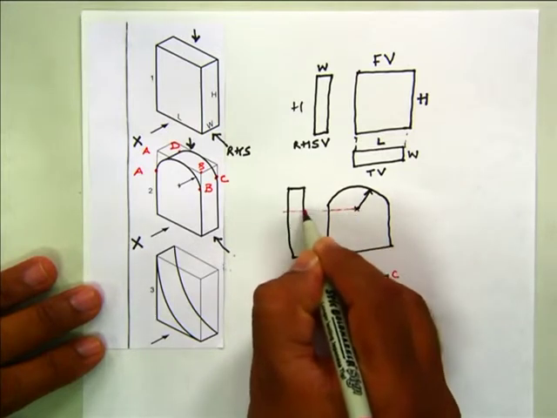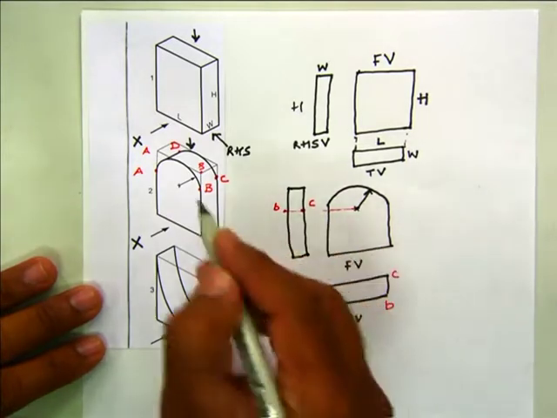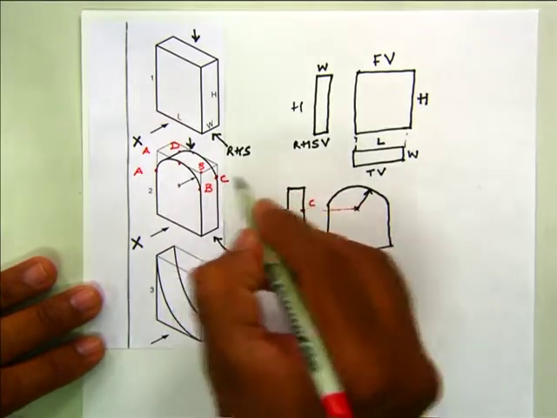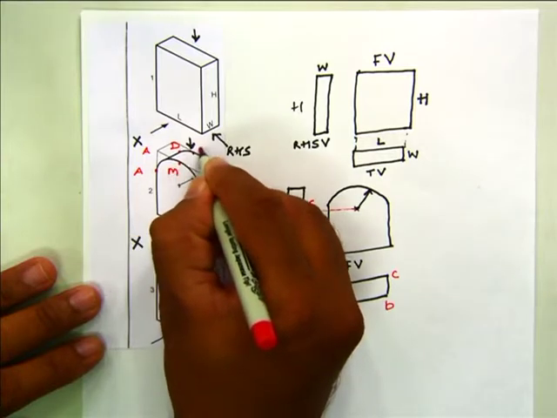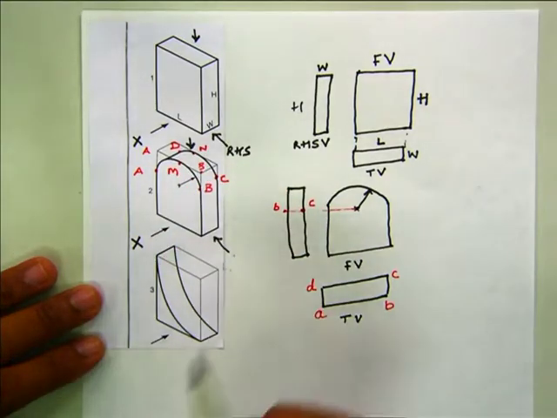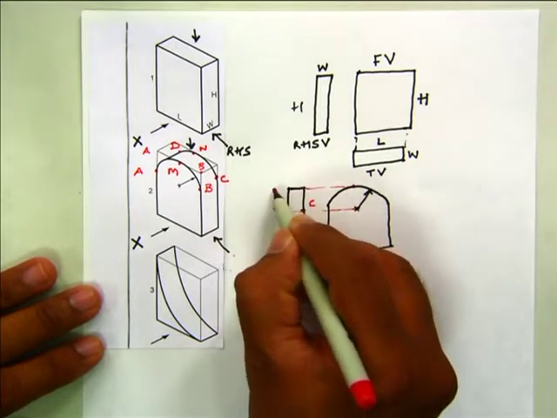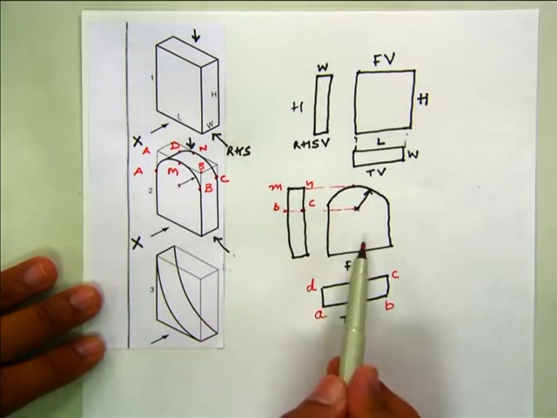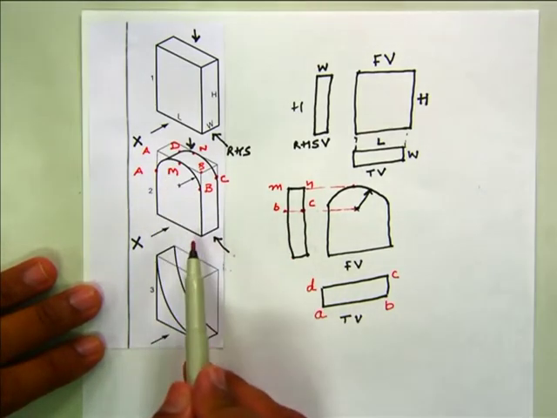Let us say this is the point M and this is the point N, so you have a projection over here, M and N. So this is the front view, top view and RHS view of this figure.